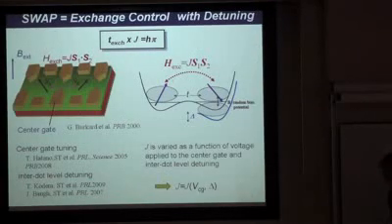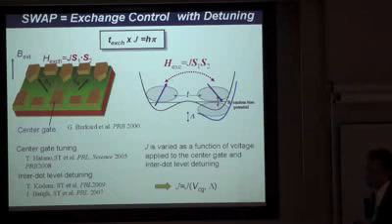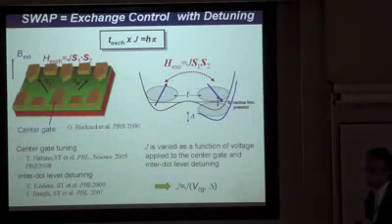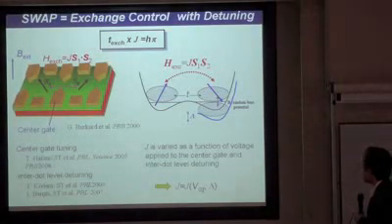What we need in this operation is to exactly control the exchange coupling, and we have to switch this exchange coupling on and off. When the exchange coupling times the operation time is equivalent to h over pi, the swap gate is complete. If this is half pi, the square root swap is complete. And there are a couple of ways to control this exchange coupling.